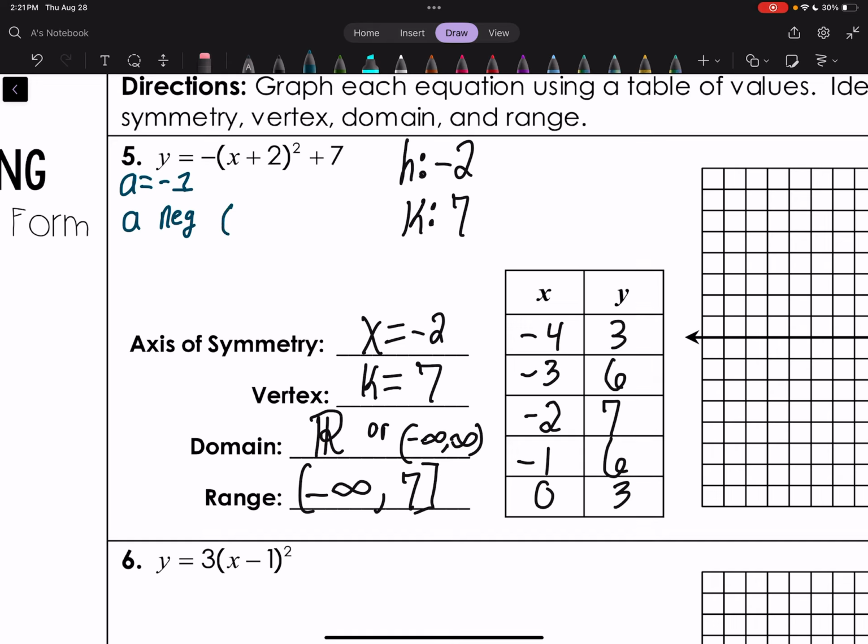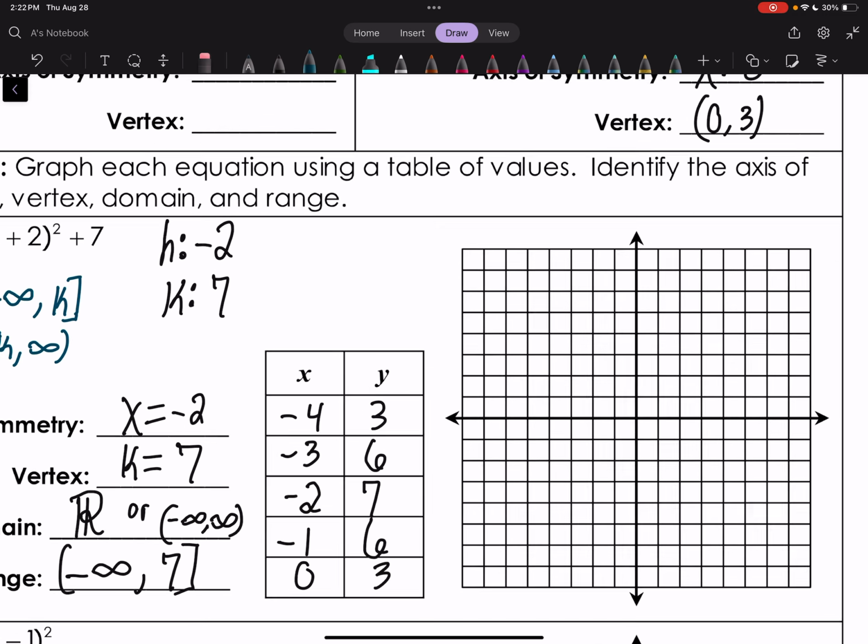It's going to be negative infinity up to my k value with a square bracket. If a is positive, my range will be square bracket k, comma, infinity. Okay? That's how you do the range for all these problems.